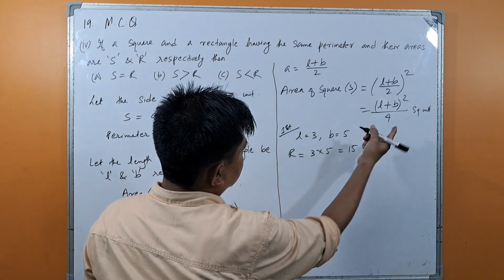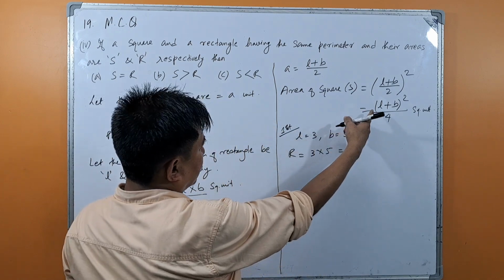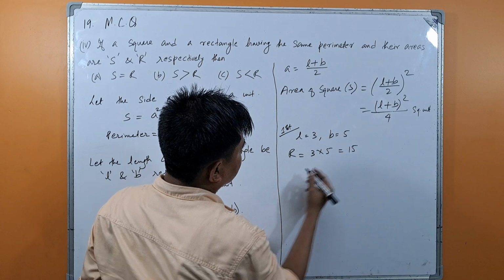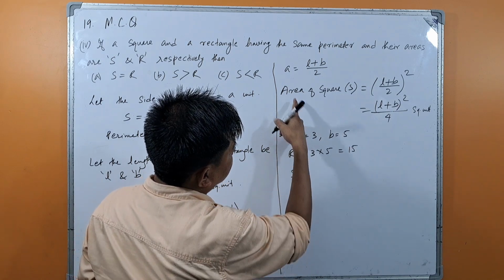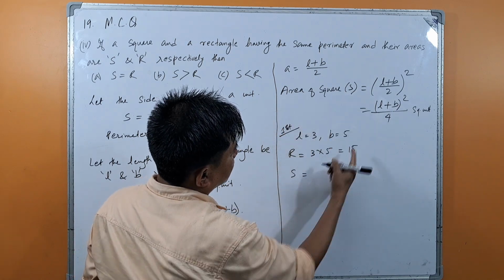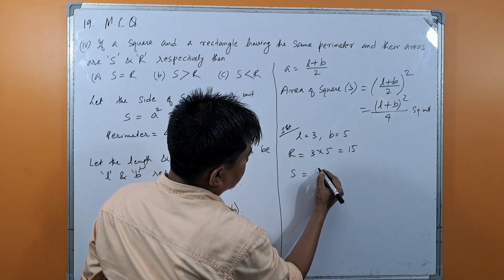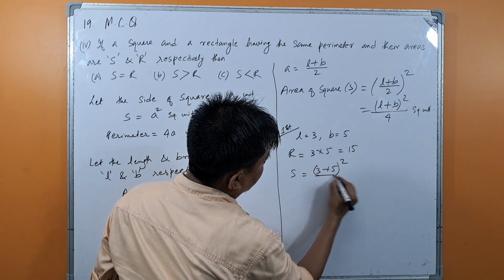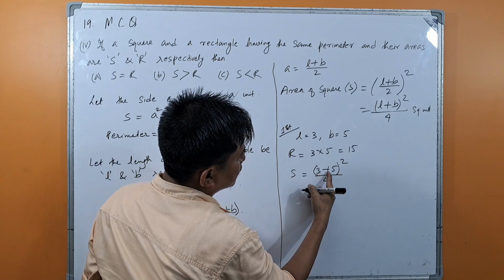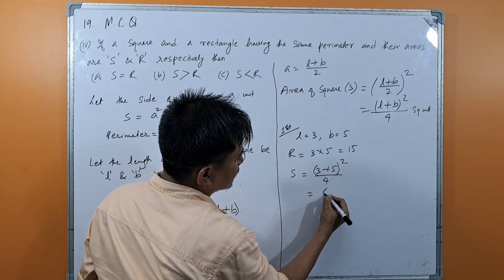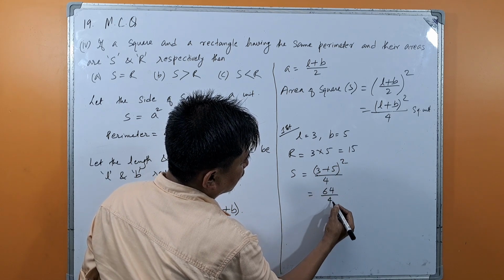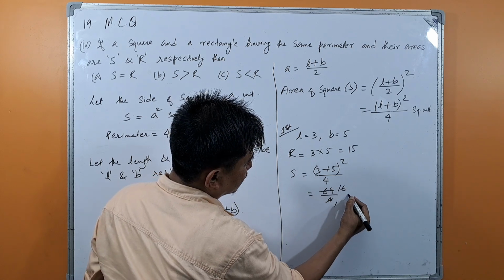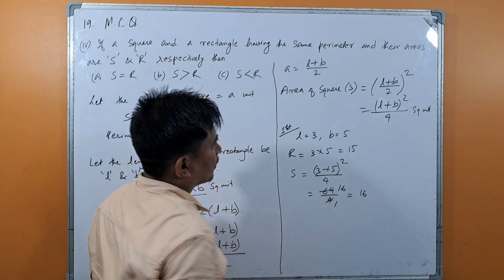Now in the same case, when L is 3 and B is 5, when we put the value here, area of the square S will be L plus B, that is 3 plus 5 whole square by 4. 3 plus 5 is 8. 8 square is 64 divided by 4. 4 6s are 24. So we got S equal to 16.